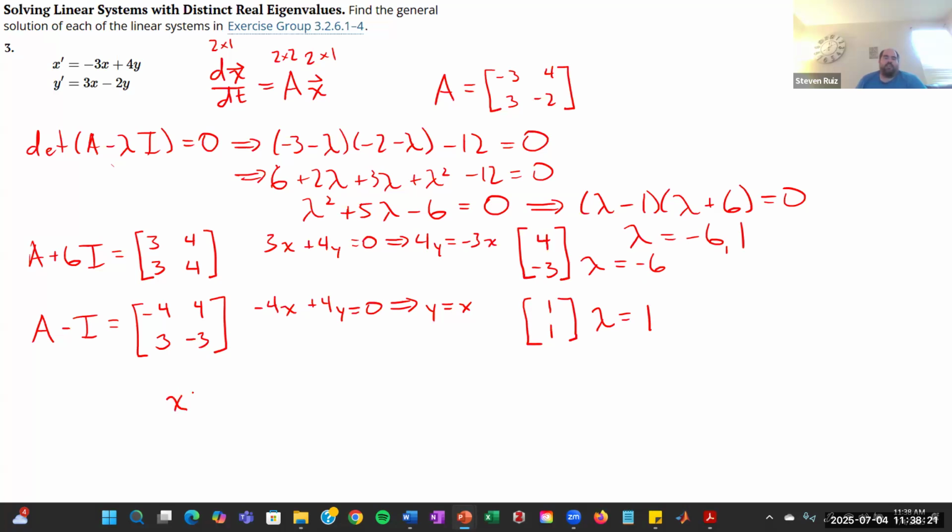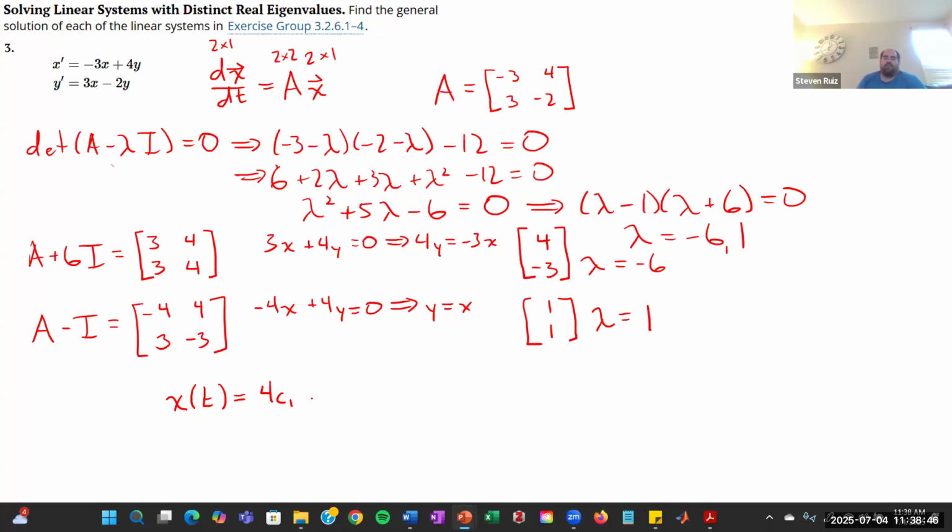So x of t is going to be equal to 4c1. So, and to be clear here, each one of these vectors, these eigenvectors, the top row of each one represents something about our solution in x. The bottom row of each one represents something about our solution in y.